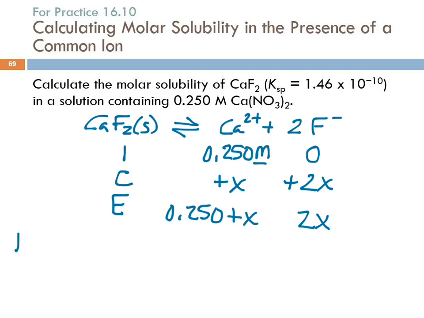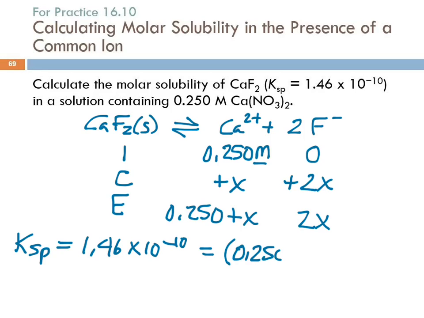So now we use KSP. The KSP was given, 1.46 times 10 to the minus 10. That equals 0.250 plus x times 2x, the quantity squared.